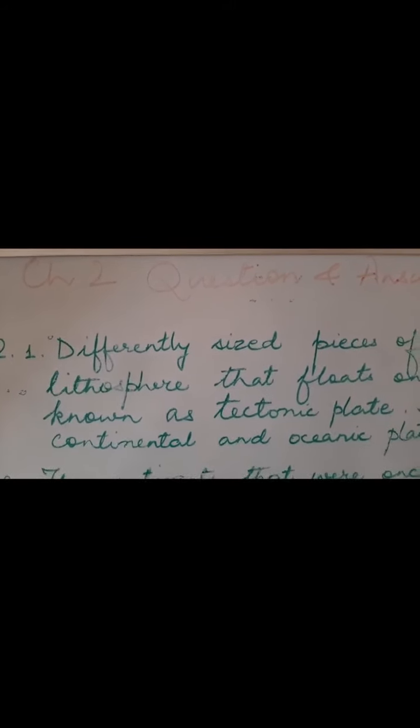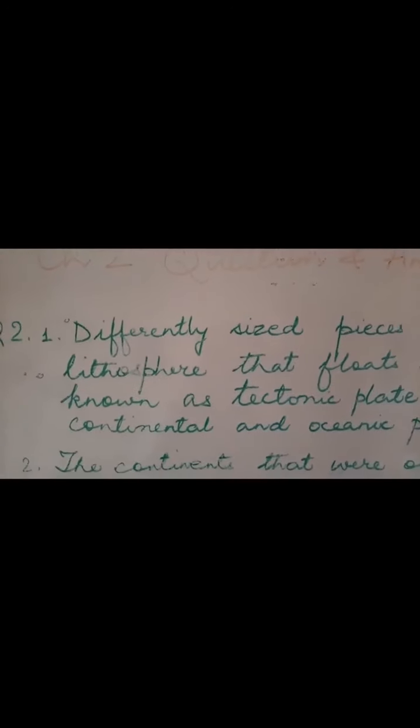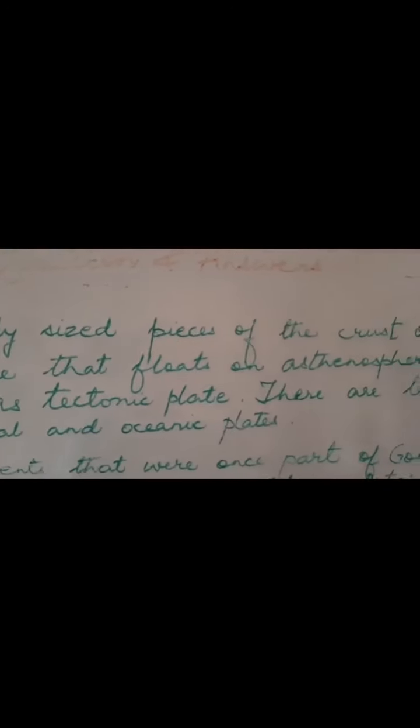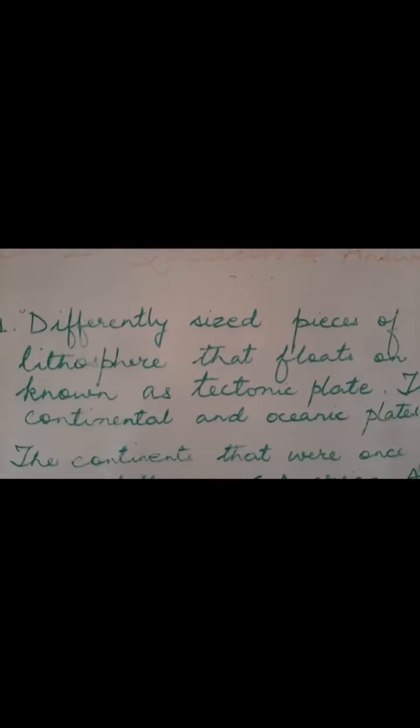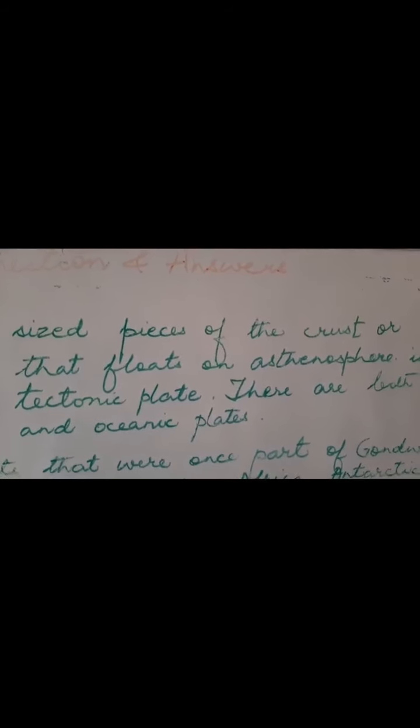So differently sized pieces of the crust or lithosphere that floats on asthenosphere. Now asthenosphere is the layer that lies between the mantle and the crust.